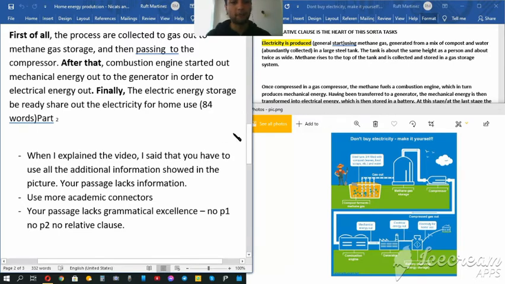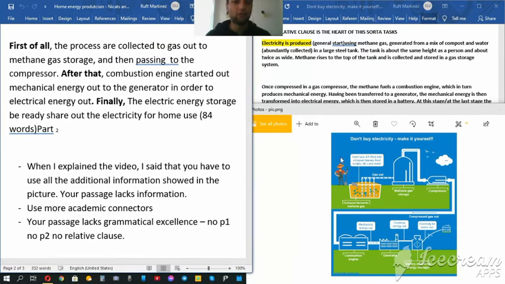So you said, first of all, process are collected to south to methane storage. The thing that I didn't understand in your sentence is that it is not the process that is collected.